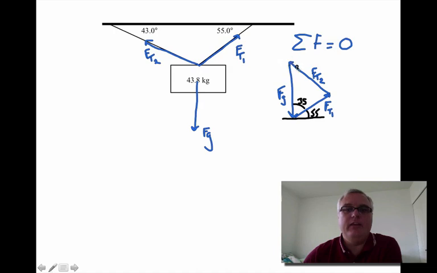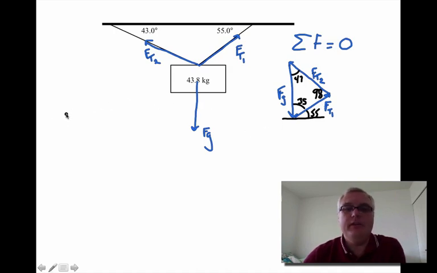Same thing, this angle over here is 43, making this angle 47. And a little bit more math tells me that the angle over here is 98. So I have a vector diagram where I know the length of this side because I know the mass, and I know all three angles in the triangle. So basically I can now use my sine law to determine the magnitude of these other two sides.